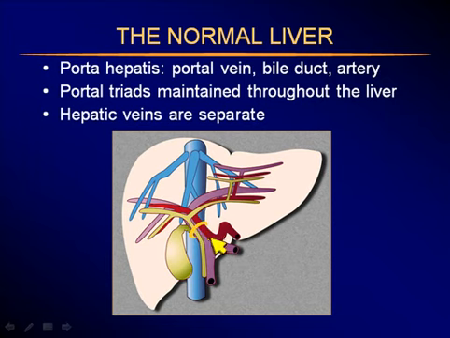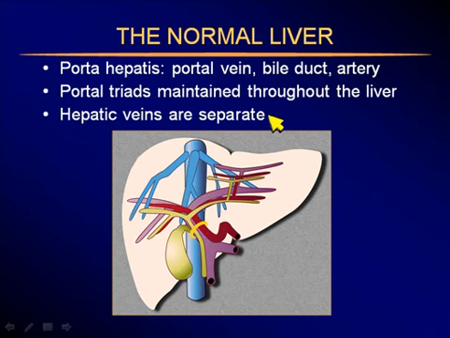They join together as partners in the portal triads, and they stay together throughout their entire branching throughout the liver. The 4th tubular system is the hepatic veins. Now, the hepatic veins drain the liver superiorly towards the IVC, inferior vena cava, and they stand alone. They do not have anything associated with them, and that becomes important to us. We'll see in a minute.